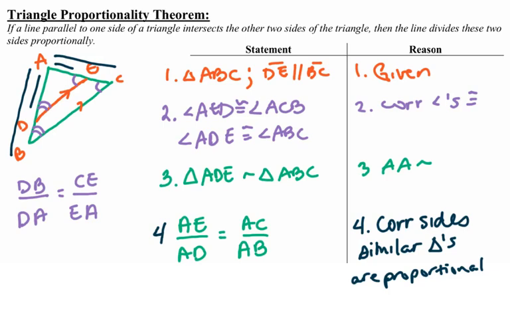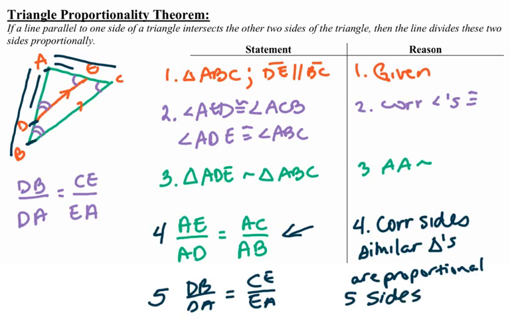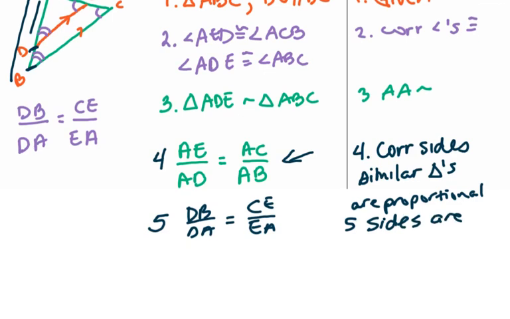But the same thing would be true for the pieces, so this piece compared to this piece. So it's going to follow that DB to DA is equal to CE to EA, and that's because the sides are proportional, and so their pieces are going to be proportional as well.